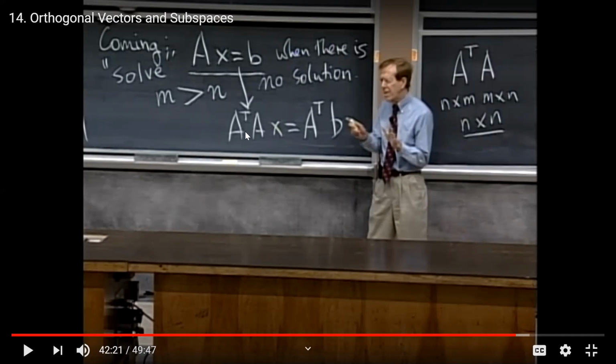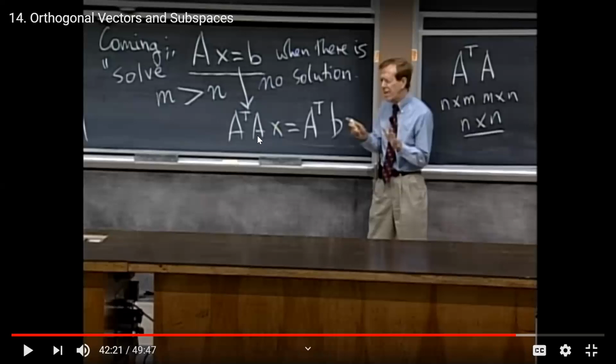This only has a solution if this A transpose A is full rank. And when we say full rank, it means that all the rows are independent, or we can say that all the columns are independent, because it is a square matrix, rows and columns are the same, n by n. So A transpose A will only be invertible if it is full rank, and A transpose A is only full rank if A has independent rows.